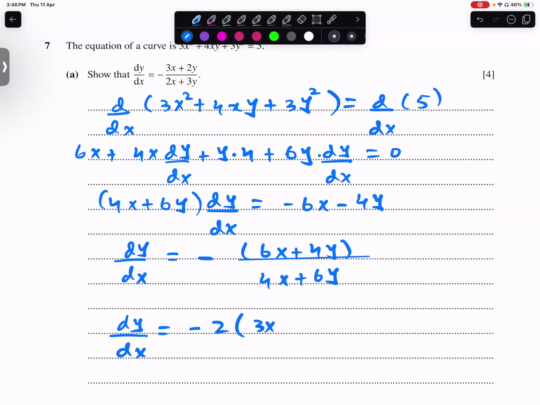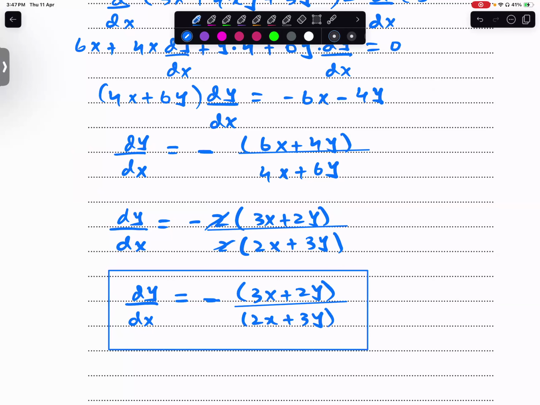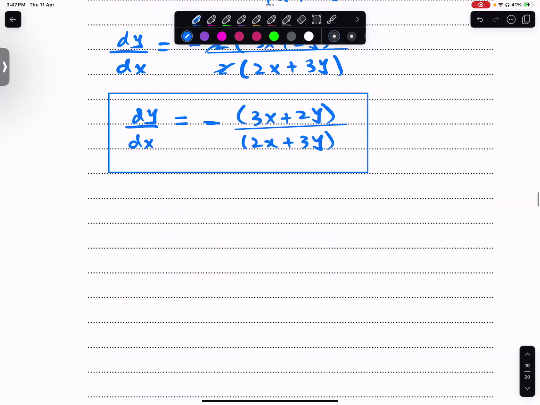So this will be 3x plus 2y whole divided by, again, take 2 common, so 2x plus 3y. If you cancel out this 2, you will see the required answer: 3x plus 2y divided by 2x plus 3y. This is my derivative. Let's copy this. We will use this in the next part.